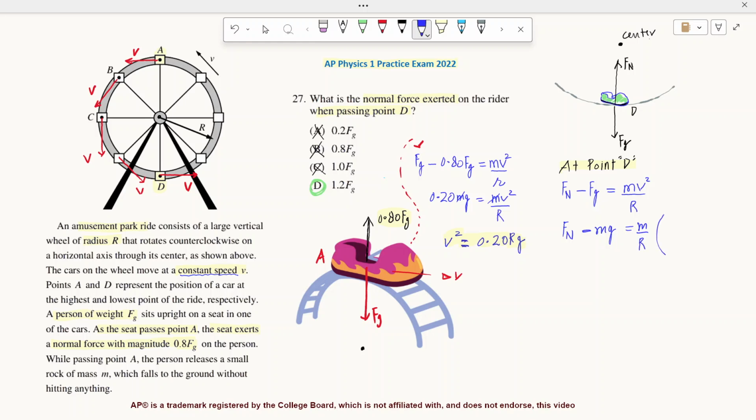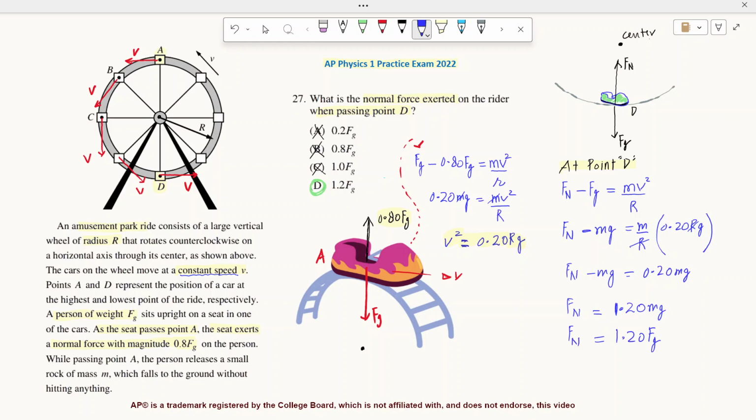Now I'm going to put the value of v squared, which is equal to 0.20 rg. The r cancels with this r, and the normal force minus mg equals 0.20 mg. So finally, if you add mg on both sides, the normal force would become 1.20 mg, which means 1.20 times the actual weight of the person.